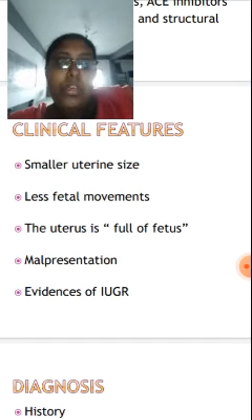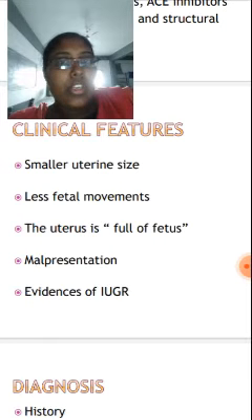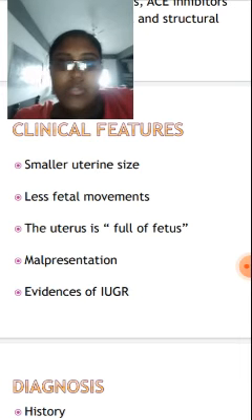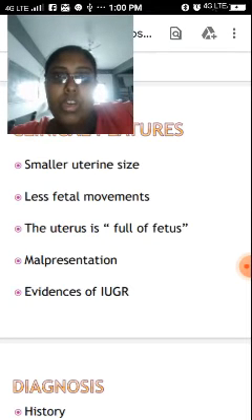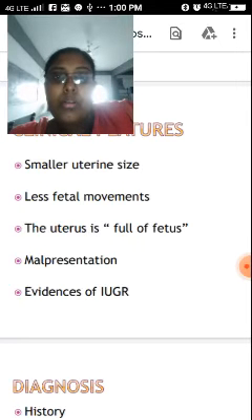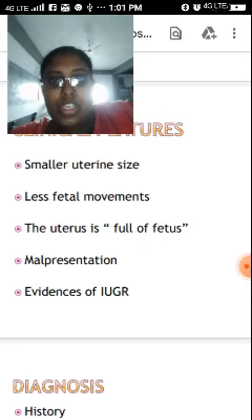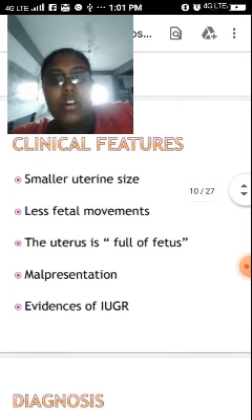If the uterus has a baby and more fluid, it is difficult to palpate the baby, but here the amniotic fluid is very low, so the uterus is small and feels full of fetus. There are also malpresentations and evidence of IUGR.